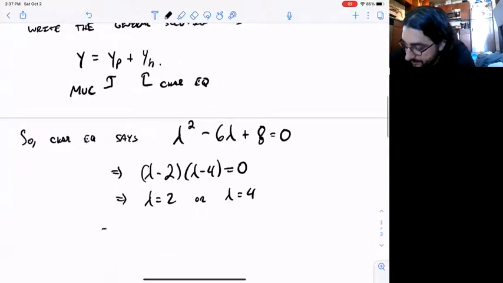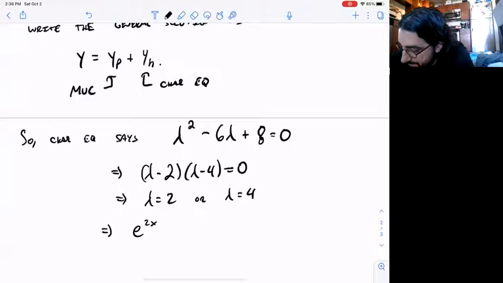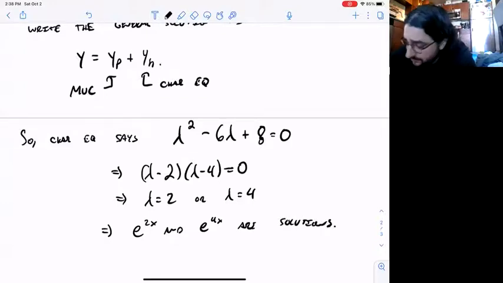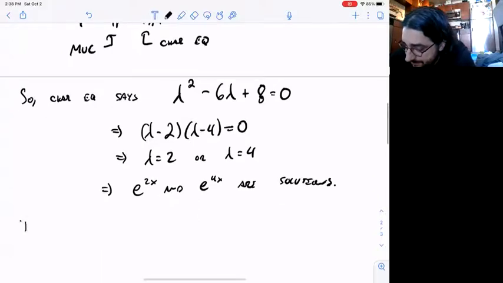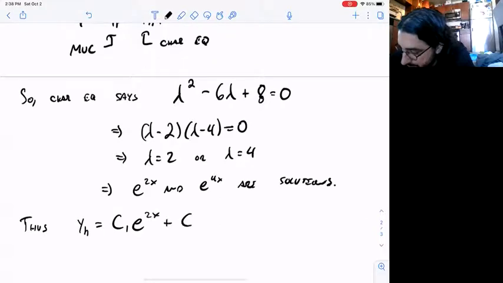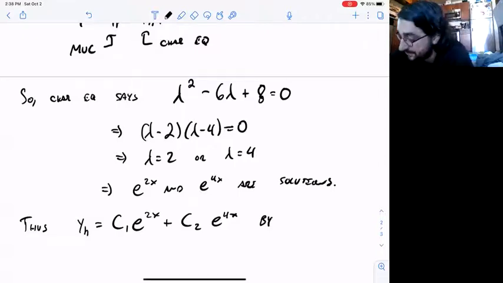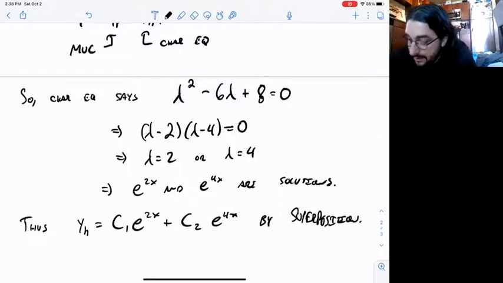So e to the 2x and e to the 4x are solutions, and therefore superposition gives me my homogeneous solution. So there's my y sub h.